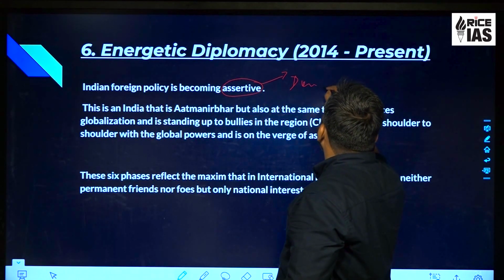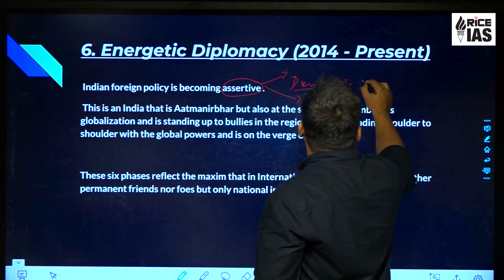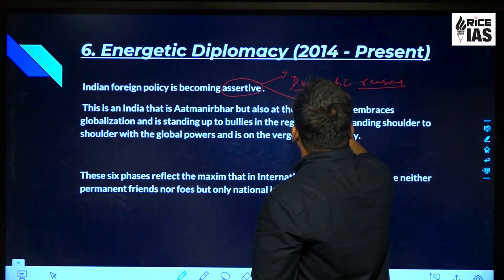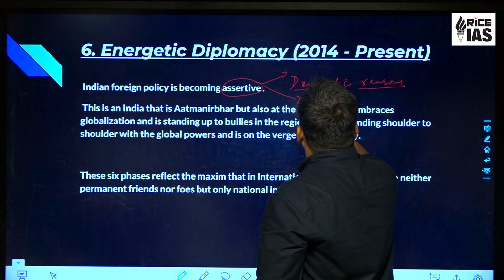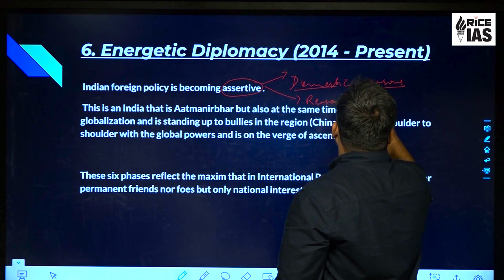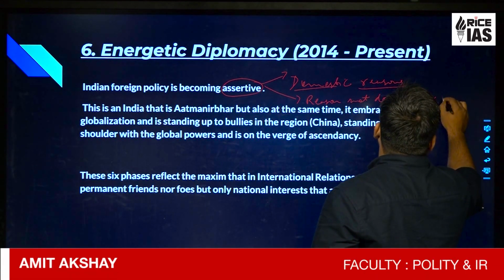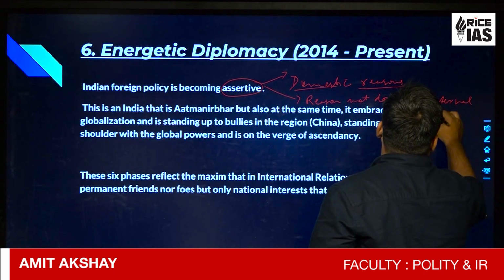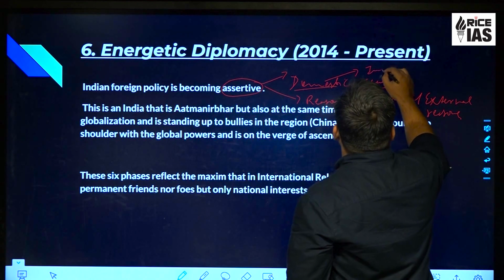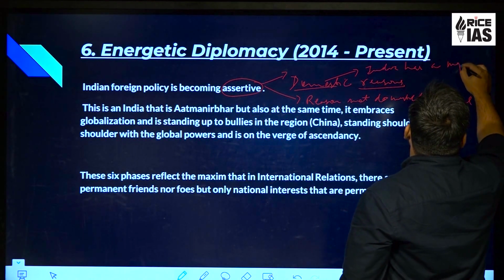There are domestic reasons, and reasons which are external. Domestic reasons: India has a strong government. India has a majority government.